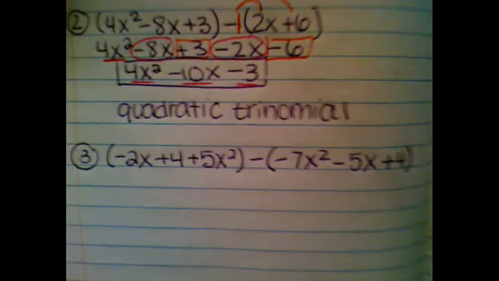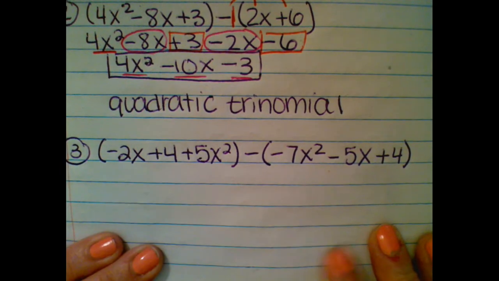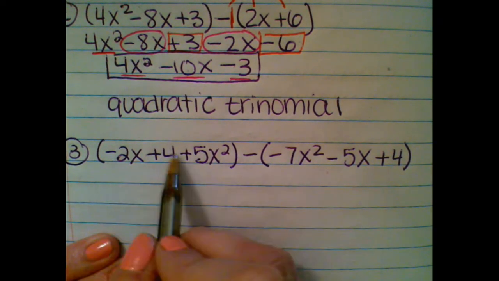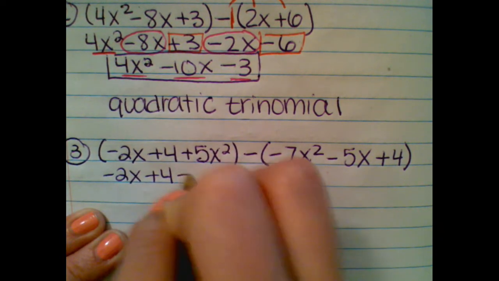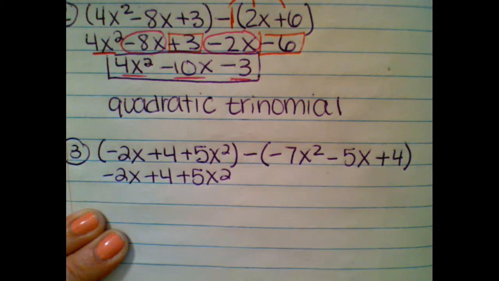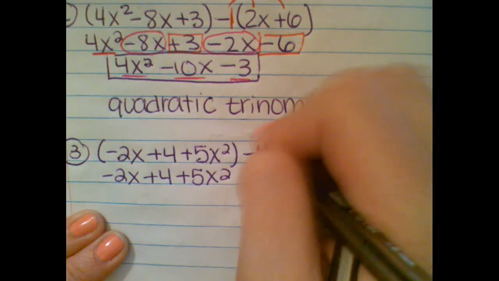Let me zoom out a little bit so you can see the whole thing. So same rules apply as before. There's nothing to do here, so I can just copy it down. And here I put my negative 1 and I distribute.